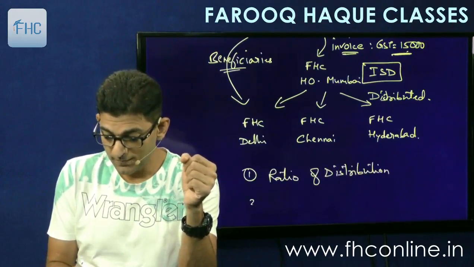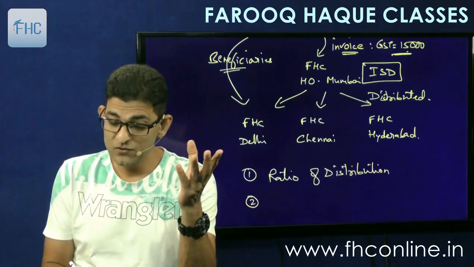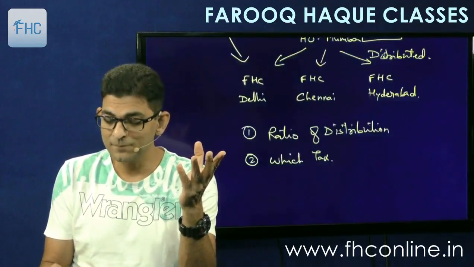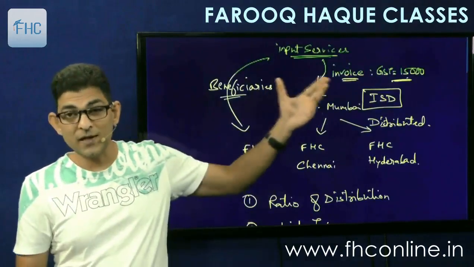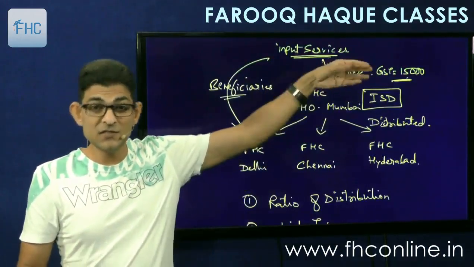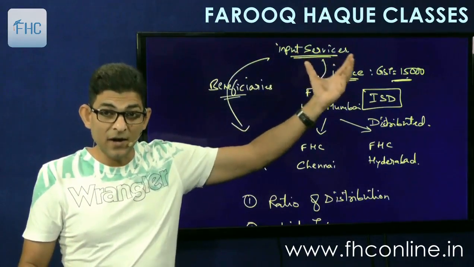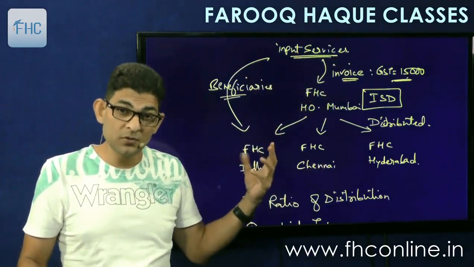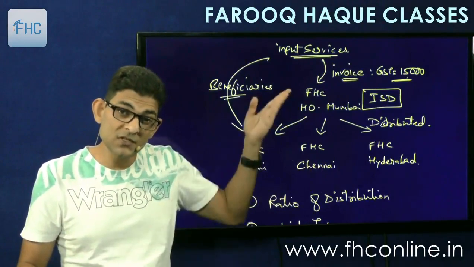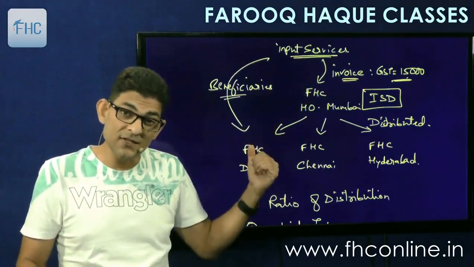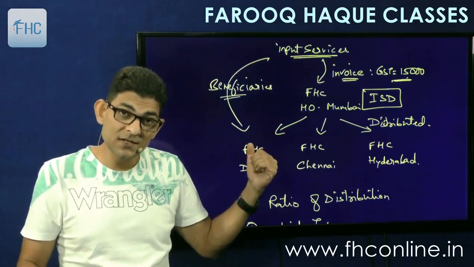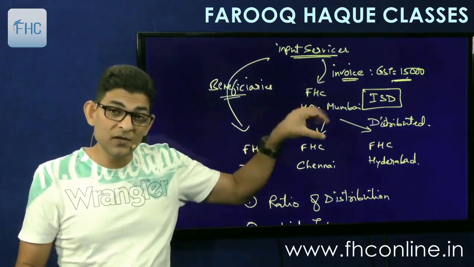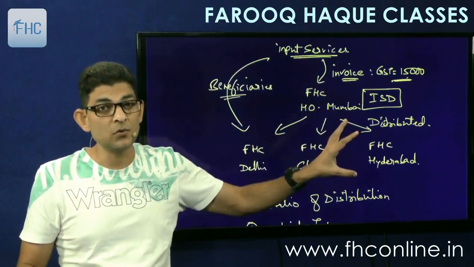Number 2, which tax? I mean to say that if the original tax, this GST, is CGST and SGST, then how will it be distributed? When it is distributed to these units, will it be distributed in the same form, that is CGST as CGST, SGST as SGST, IGST as IGST, or it will be converted into some other form and then distributed?